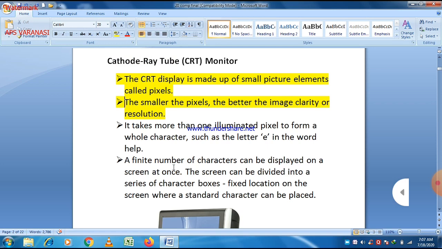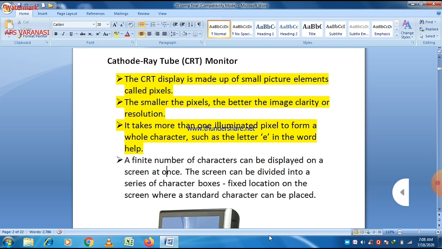And second, it takes more than one illuminated pixel to form a whole character, such as the letter E in the word help. So a picture can be made up of different pixels, and a finite number of characters can be displayed on a screen at once.